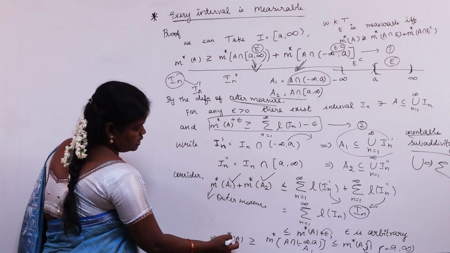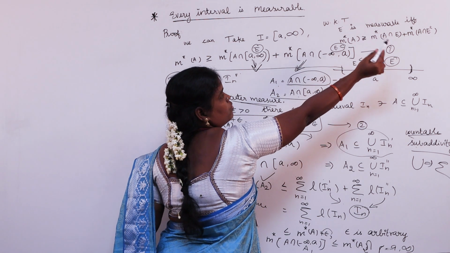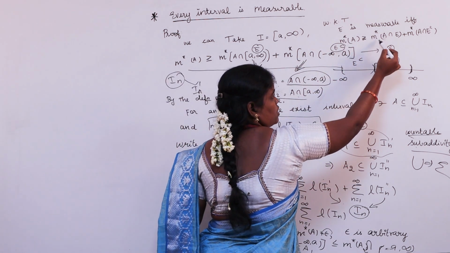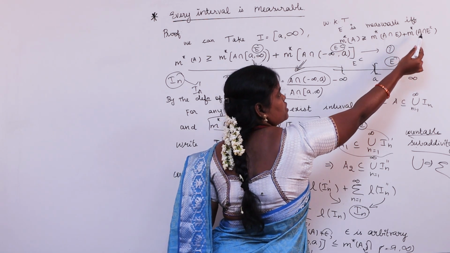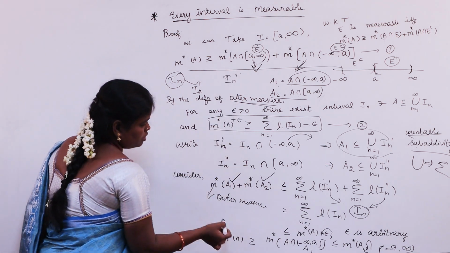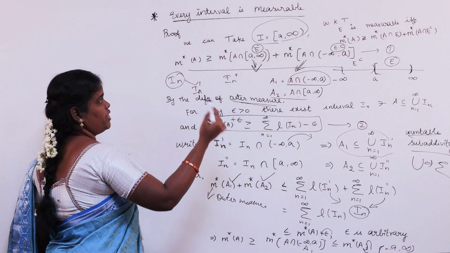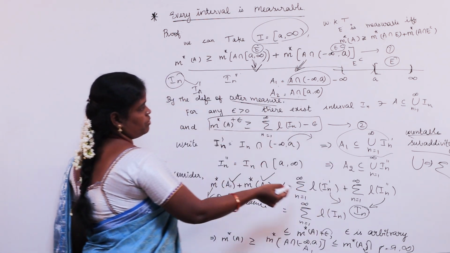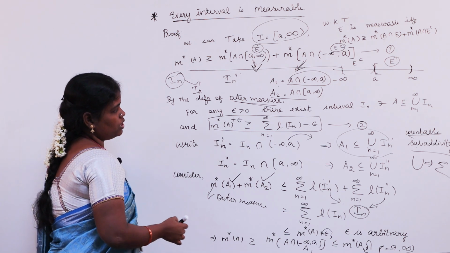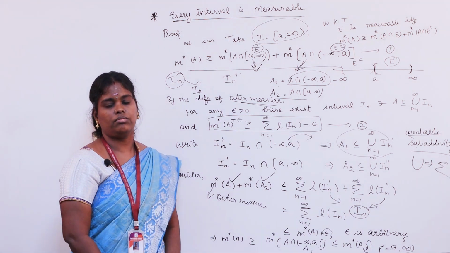So this condition is satisfied. Already we know E is measurable if and only if outer measure of A is greater than or equal to outer measure of A intersection E plus outer measure of A intersection E complement. Likewise that particular interval is measurable. Similarly we can take any other interval and prove that the interval is measurable. Today we conclude this section. Thank you.